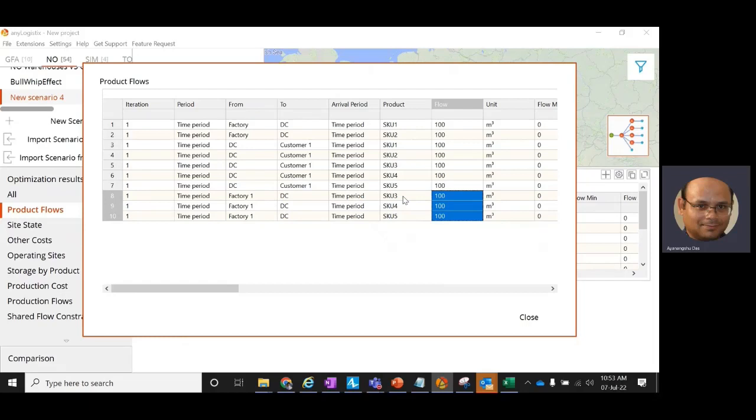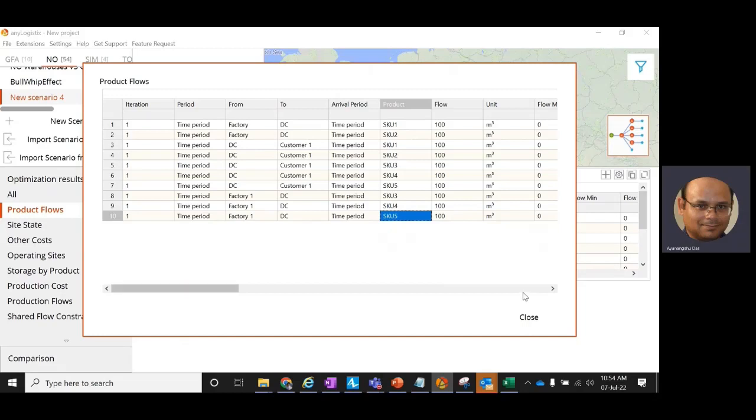Since the selling price of SKU 3 and 4 are more than SKU 5, it is suggesting to manufacture 100 units of SKU 3 and 4, and also 100 units of SKU 5, because there is a demand for SKU 5 from the customer as well.